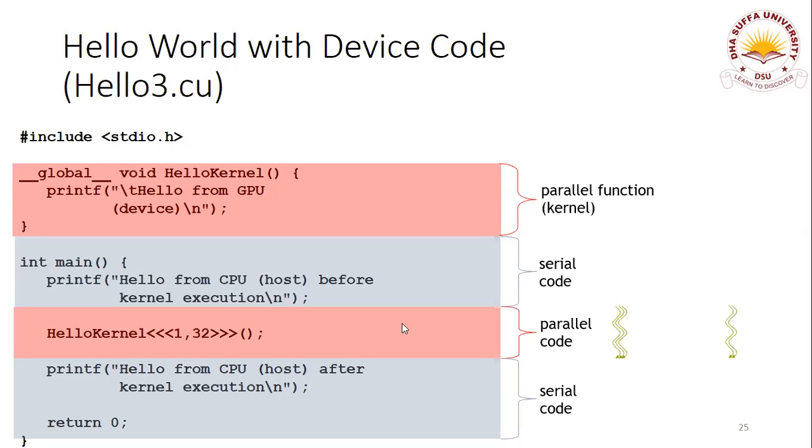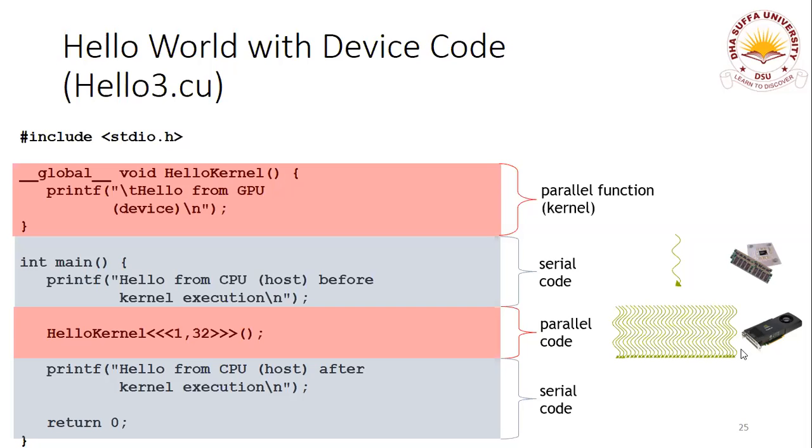From here the GPU becomes active, and the CPU does not stop and wait for the GPU to finish the task. It is going to print hello from CPU and then return 0, and the code ends. I am saying something which should be alarming for you: why is the CPU not waiting for the GPU to finish the task? Let's discuss this in the later slides.